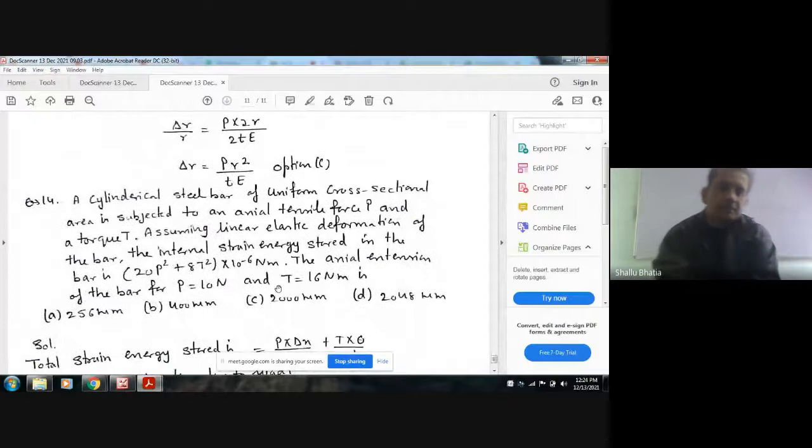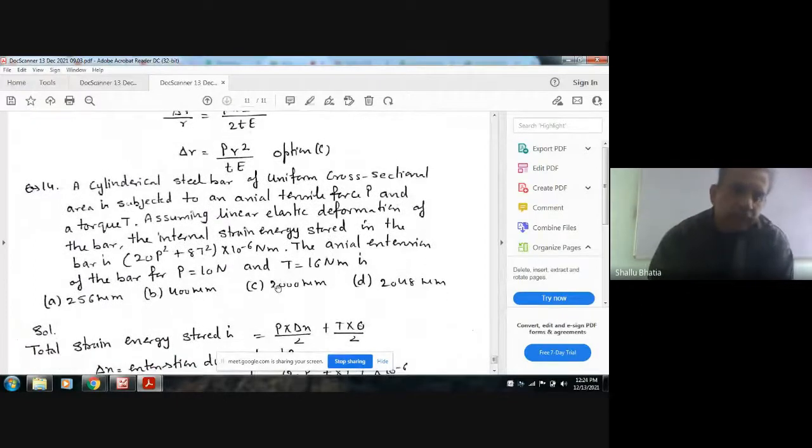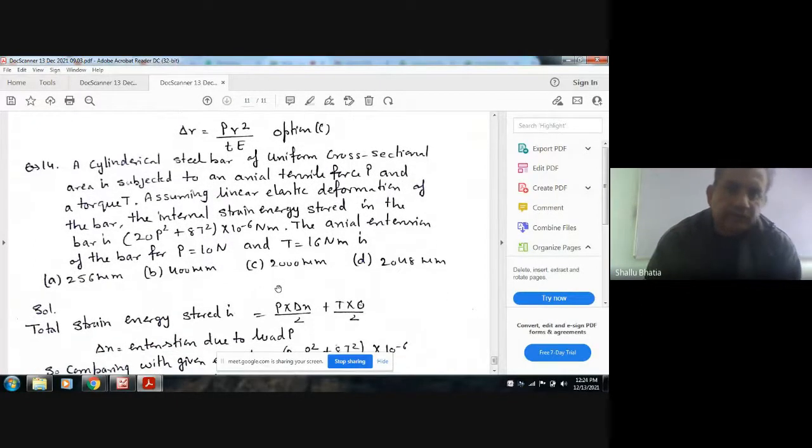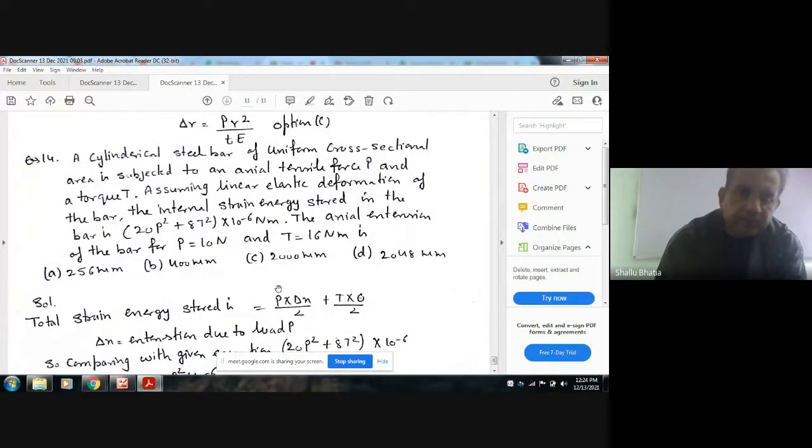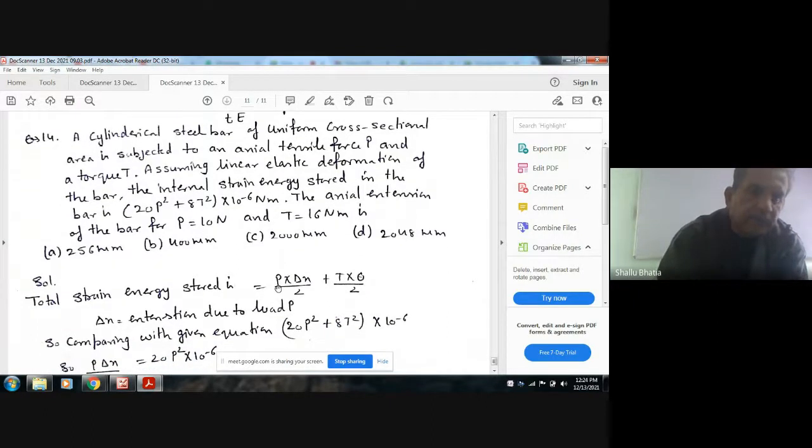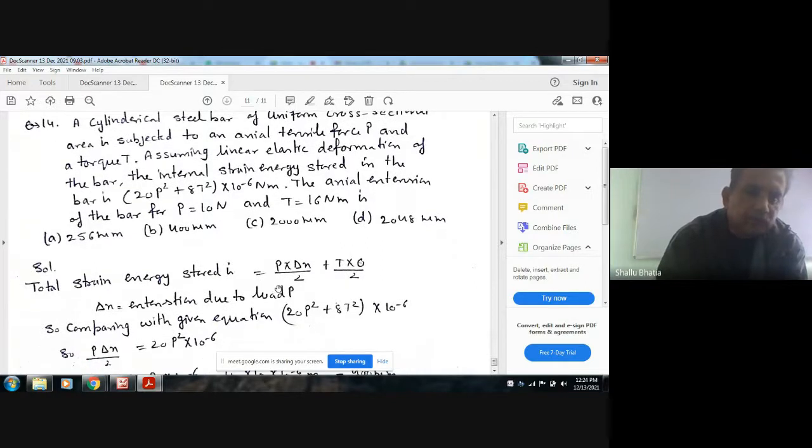Next, a cylindrical steel bar of uniform cross-sectional area is subjected to an axial tensile force P and a torque T, assuming linear elastic deformation of the bar. The internal strain energy stored in the bar is [20 P square plus 8 T square] into 10 to the minus 6 Newton meter.